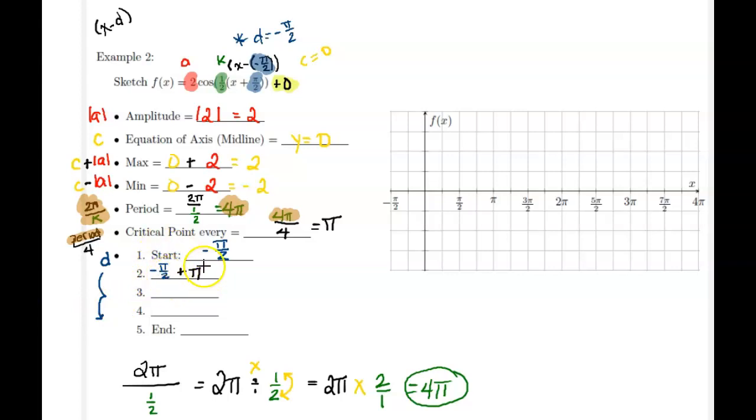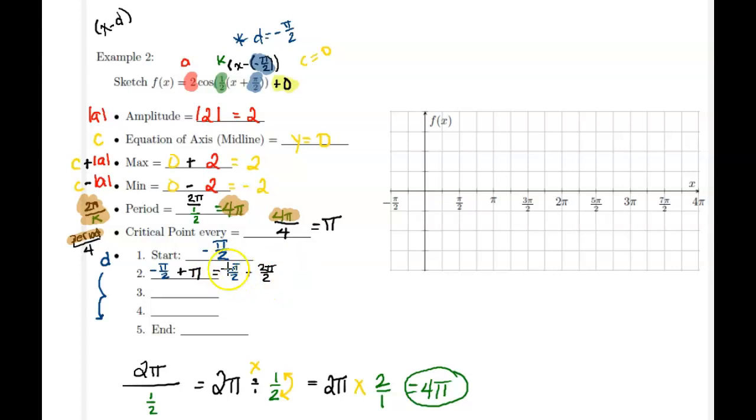I could rewrite this as negative pi over 2 plus 2 pi over 2, because that would reduce back down to pi.